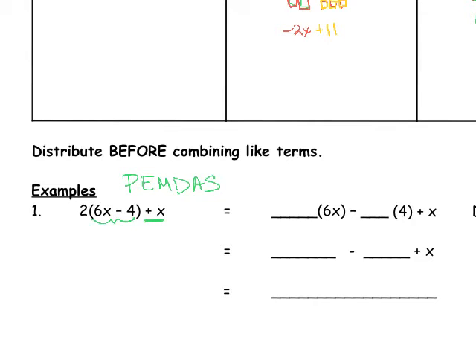The next thing we have to look at is the E, which is exponents. We couldn't do anything in the parentheses, and there are no exponents. So the next thing we can do is the group of multiplication and division. All right? So I can multiply this 2 times the 6x and the 2 times the negative 4.